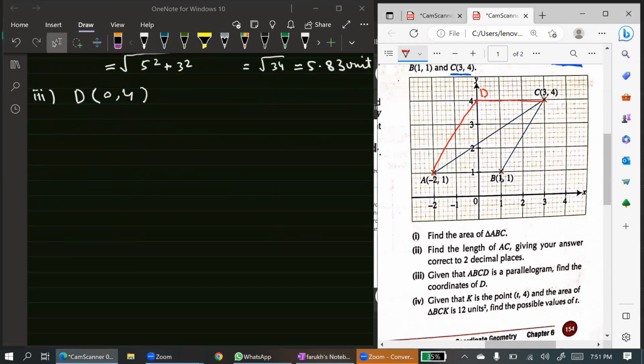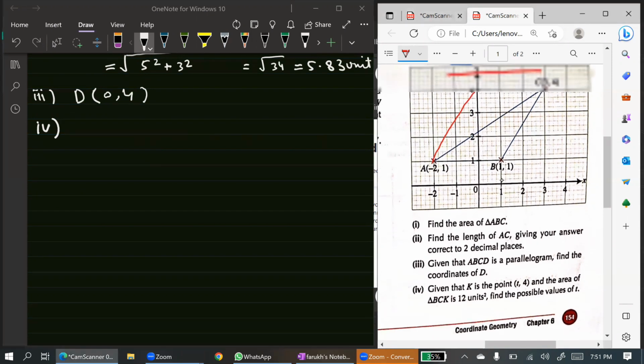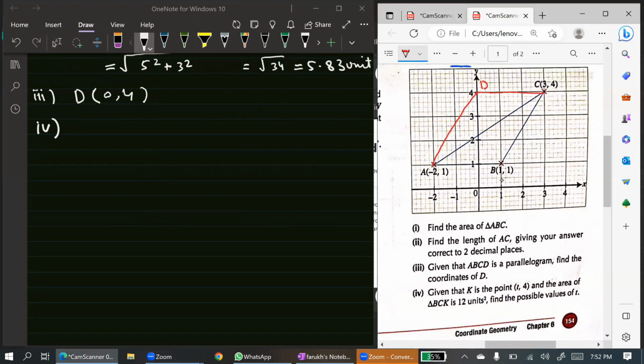Now part number 4. Given that K is a point (t, 4) and the area of the triangle BCK is 12 units.